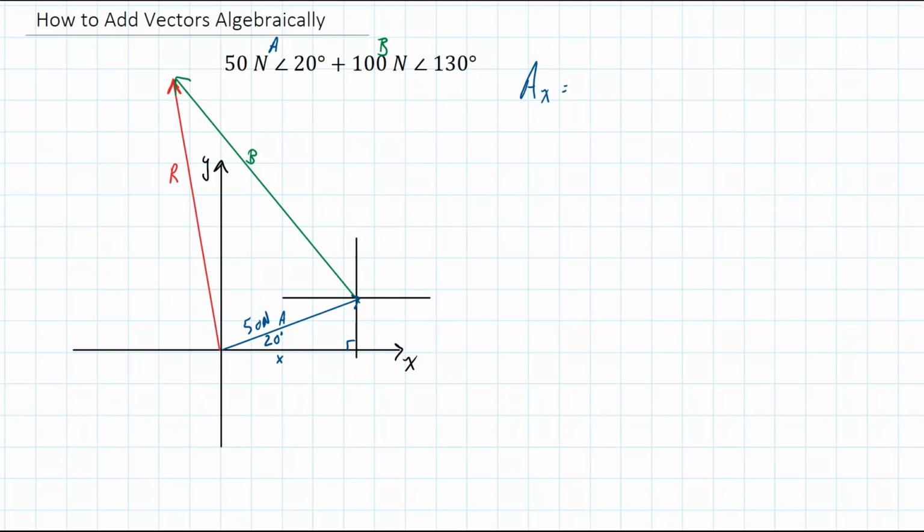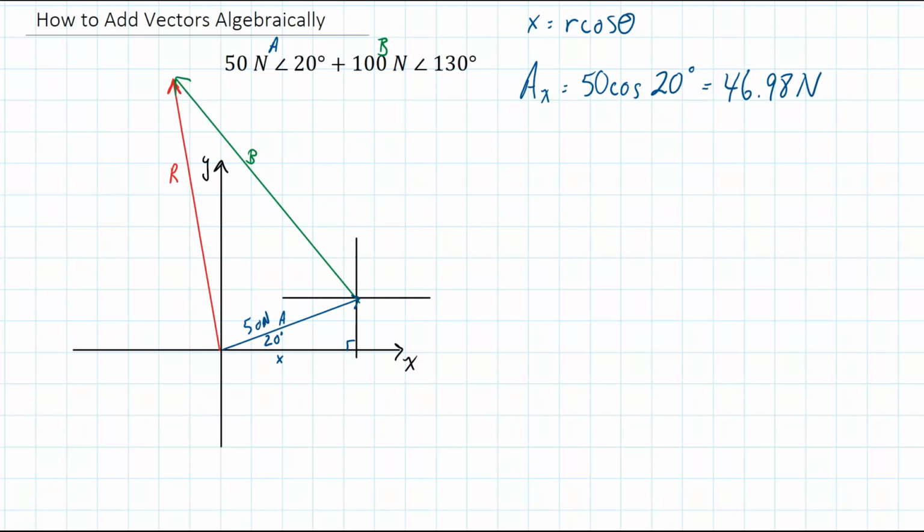All of the x components are found by doing r cos theta. So we multiply 50 times the cosine of 20 degrees, and that value, rounded to 2 decimal places for this demonstration, is 46.98. That's also in newtons because that's a unit of the vector.